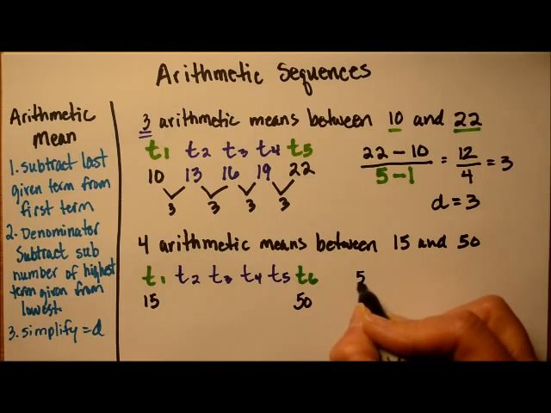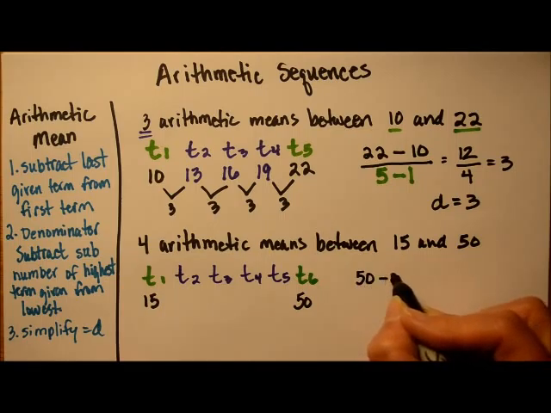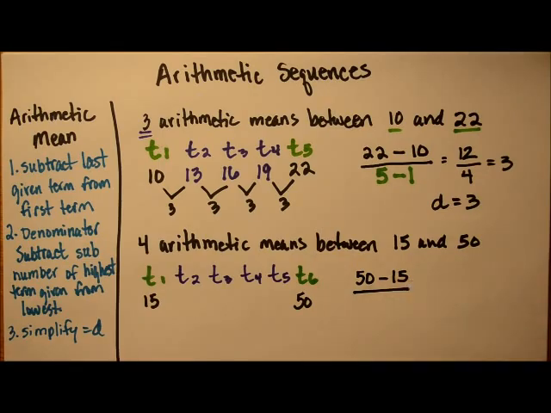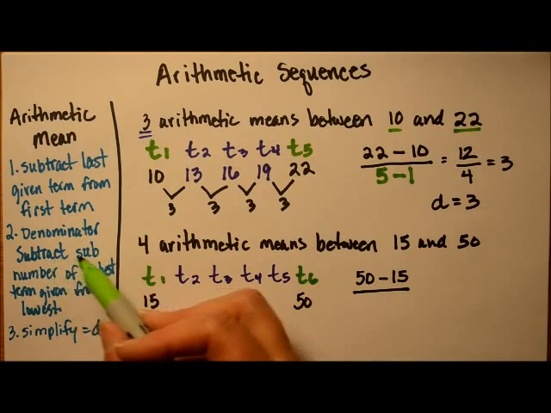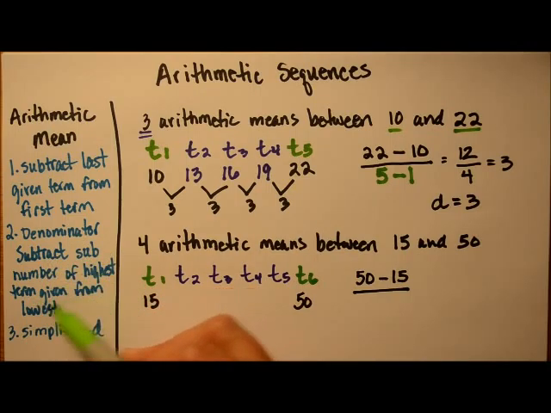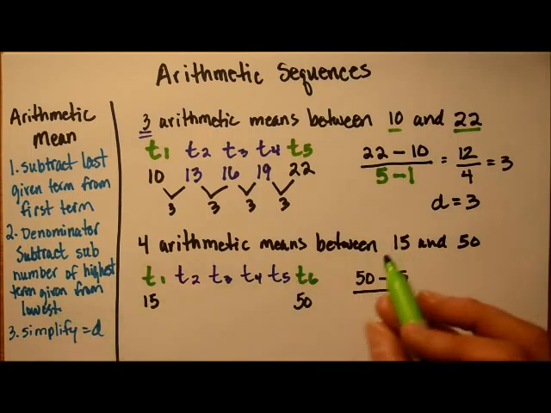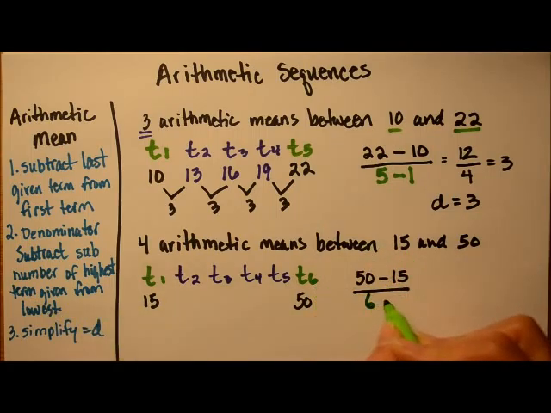So I'm going to go 50 minus 15 all over, and then the next thing we do is denominator: subtract subnumber of highest term given from the lowest. Okay, so that's 6 minus 1. So 6 minus 1, that's where those numbers are coming from.